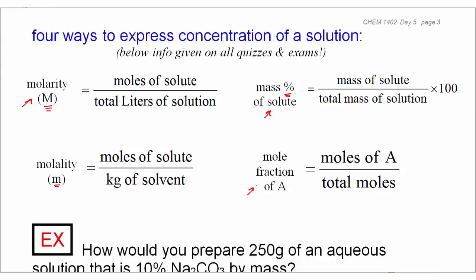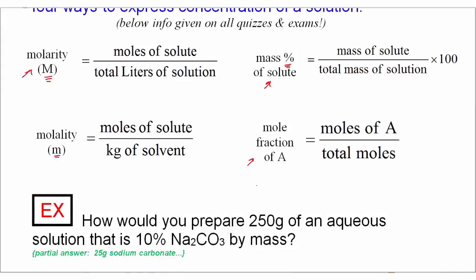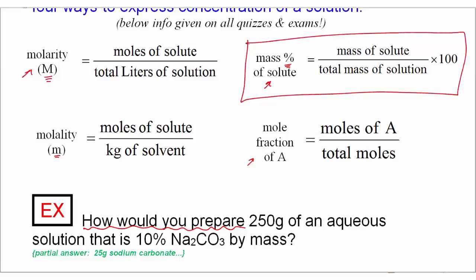Let's take a look at our first question here. How would you prepare 250 grams of an aqueous solution that is 10% sodium carbonate by mass? Now this how would you prepare part, we'll get to that. Let's just see if we can answer the question first here, what we need to know. The concentration equation we're going to use would definitely be this mass percent equation, because it's the only one that has percent in it, right?